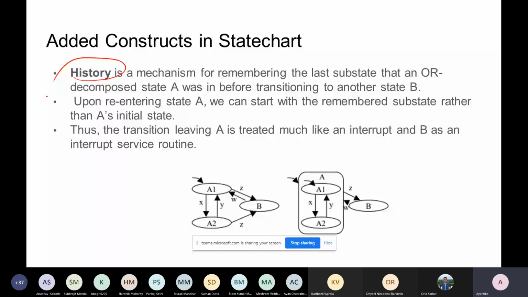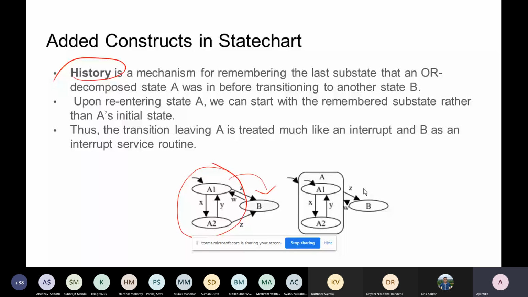But you understand that all problems are not the same. So whenever you are defining some hierarchy, suppose A1 and A2 are states, and from there you come out to B when the Z transition condition is satisfied.